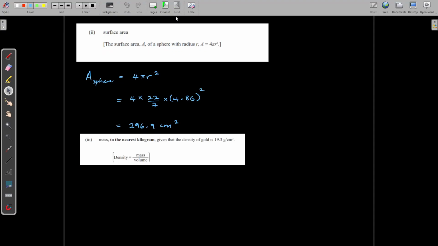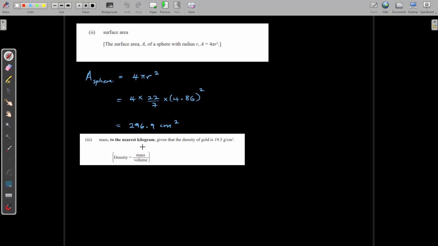Thanks, sir. You're welcome. Alright, so this one says mass to the nearest kilogram, given that the density of the gold bar is 19.3 grams per cubic centimeter. This is the first I'm seeing one that's asking for mass. So let's see.